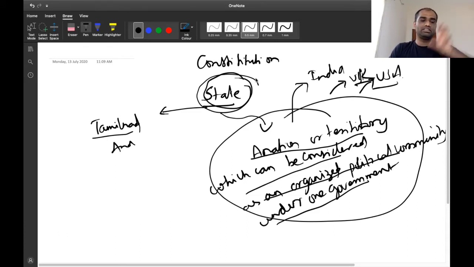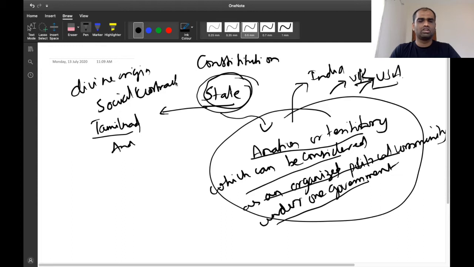Now, when it comes to the origins of states, there have been a number of theories propounded saying that the state originated by this method. There are theories like divine origin theory, social contract theory, force theory, and patriarchal theory.